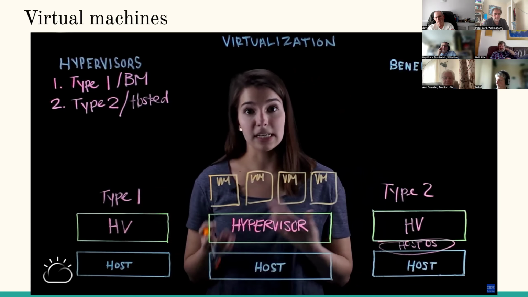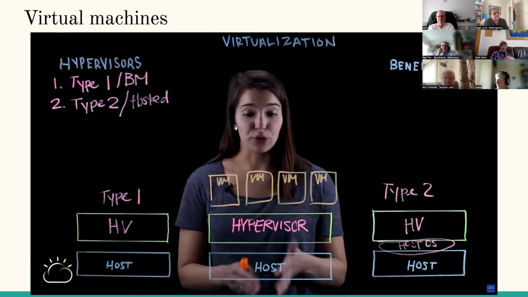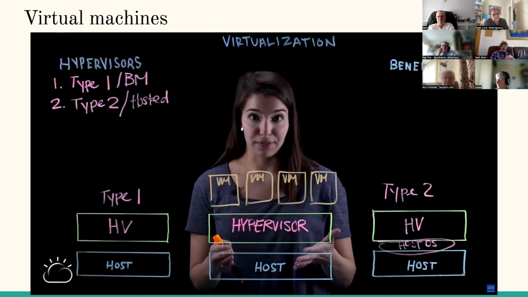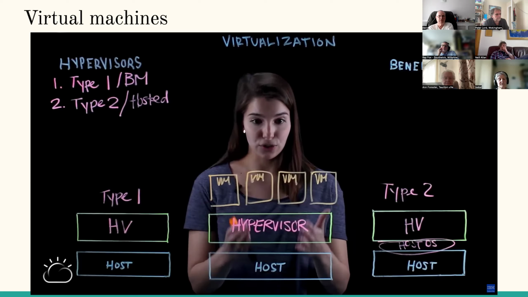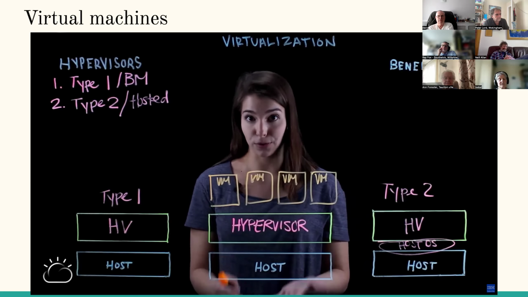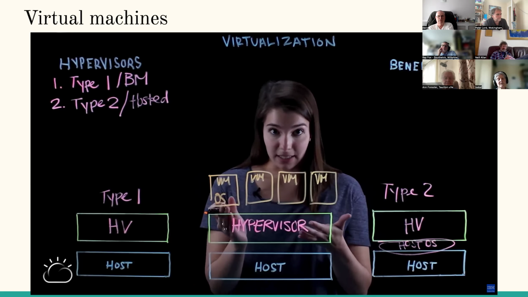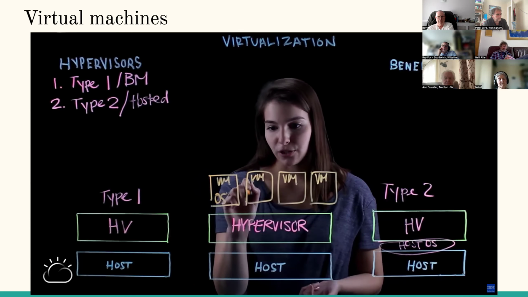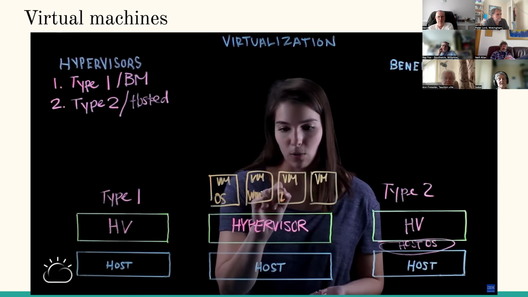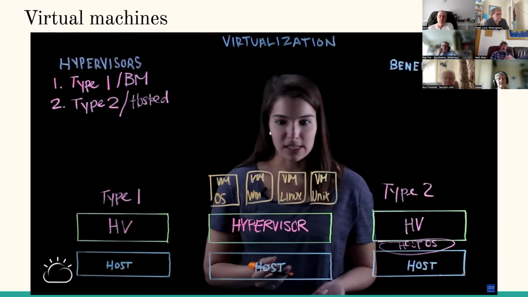They have an operating system and applications, and they're completely independent of one another, but you can run multiple of them on a hypervisor. And the hypervisor manages the resources that are allocated to these virtual environments from the physical server. Because they're independent, you can run different operating systems on different virtual machines. So you could run Windows here, or Linux here, or Unix here, for example.